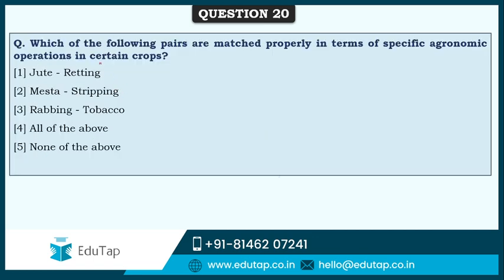Next is, which of the following pairs are matched properly or correctly in terms of specific agronomic operations that are done in certain crops?